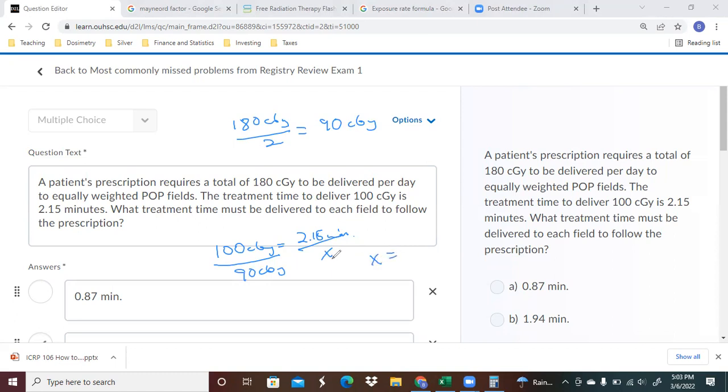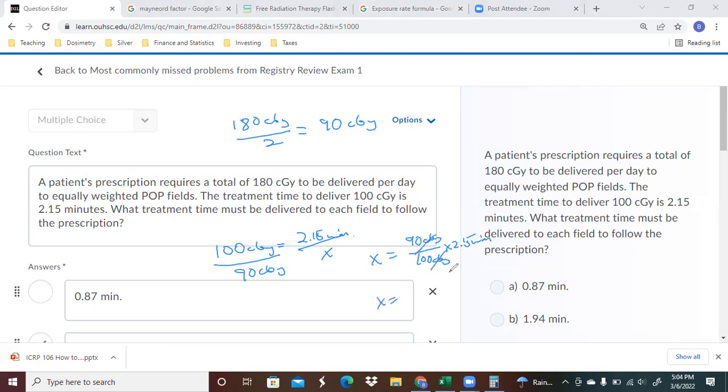So I'm going to cross multiply, which puts the X over here, and then all of this other garbage moves over here to the other side. So X is equal to 90 centigrade over 100 centigrade multiplied by 2.15 minutes. Those two cancel.